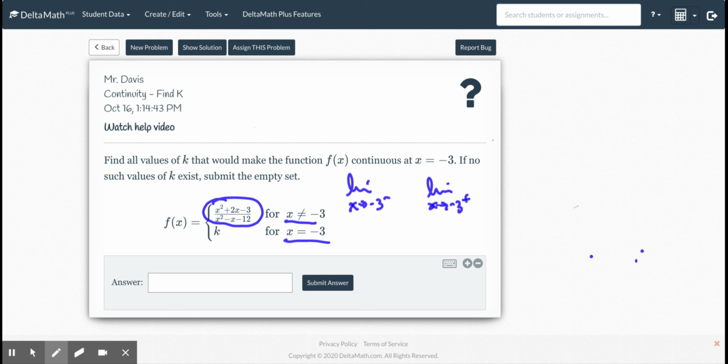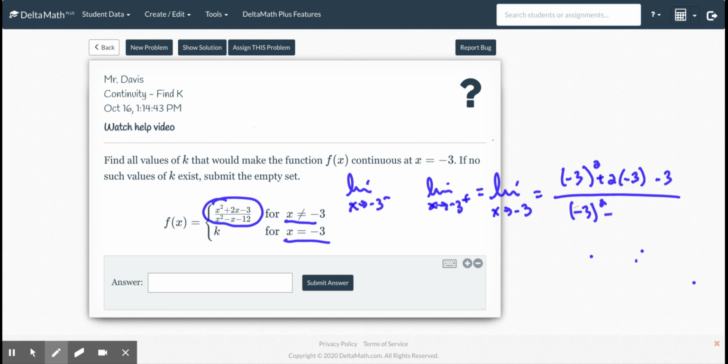And let's go ahead and figure out what that is. So the limit as x goes to negative 3, we're just going to plug it into our function, negative 3 squared plus 2 times negative 3 minus 3 over negative 3 squared minus negative 3 minus 12. So we get 9 on top minus 6 minus 3.